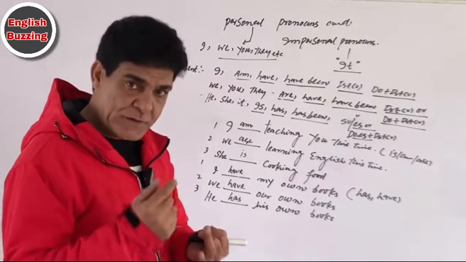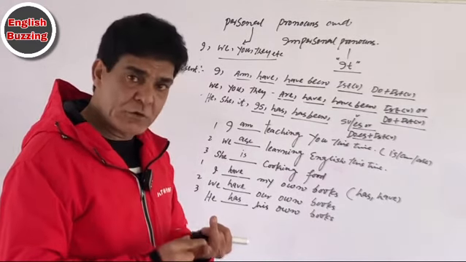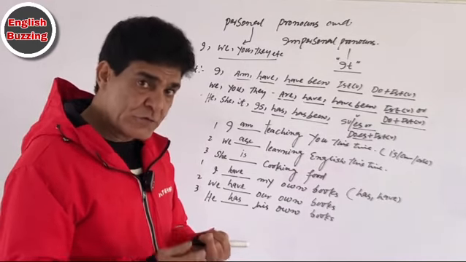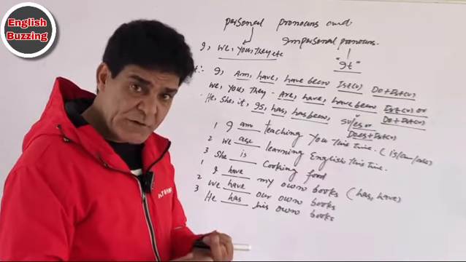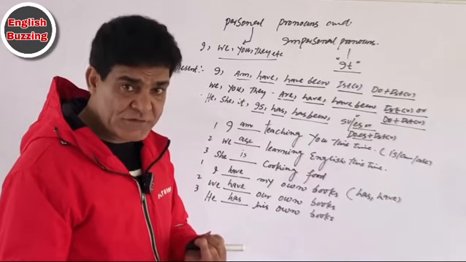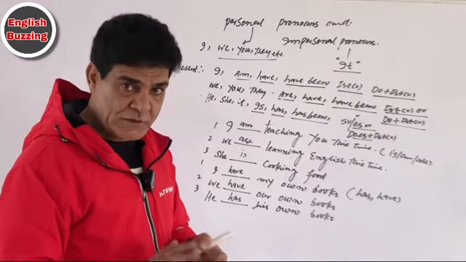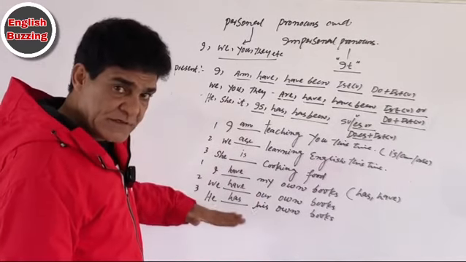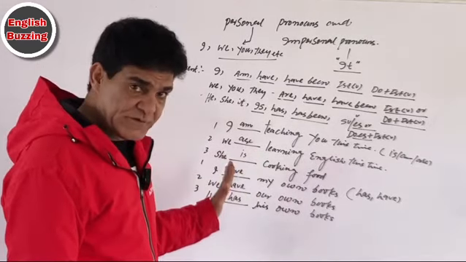Now if we talk about es, for example, go, goes. I added es to go, so go is the first form of verb and goes is an es form of verb. Okay?